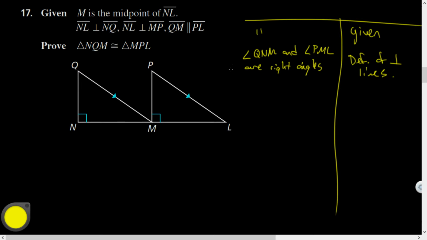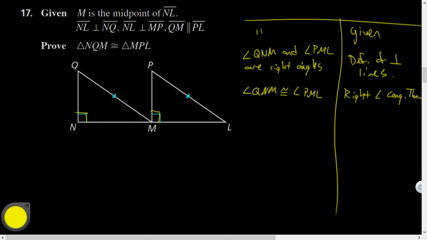And since they are right angles, I believe we can claim their congruence. So angle QNM is going to be congruent to angle PML by right angle congruence theorem, THM.